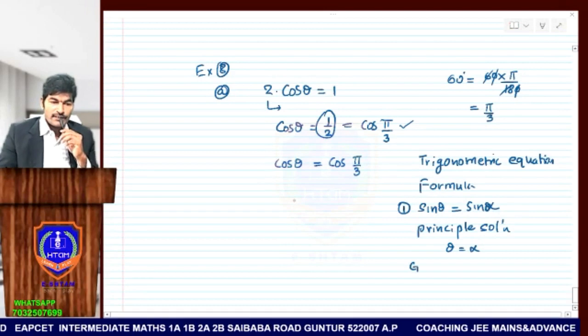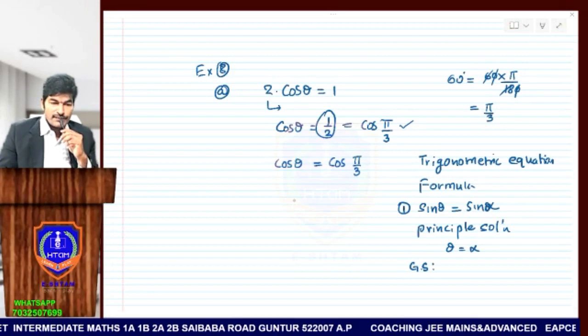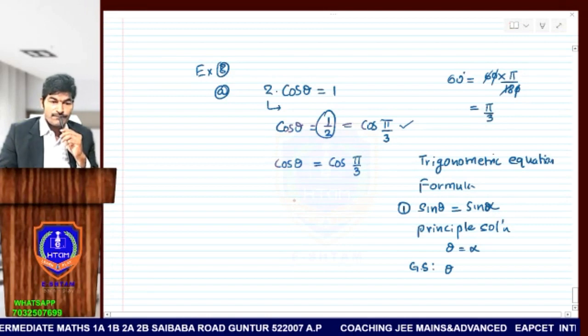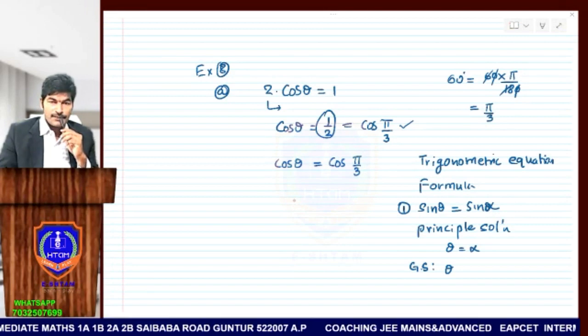And now we are talking about the general solution. This you have to learn. The general solution is different for sine, different for cos, and different for tan. Moreover, the formula you use for sine is the same for cosecant theta also.